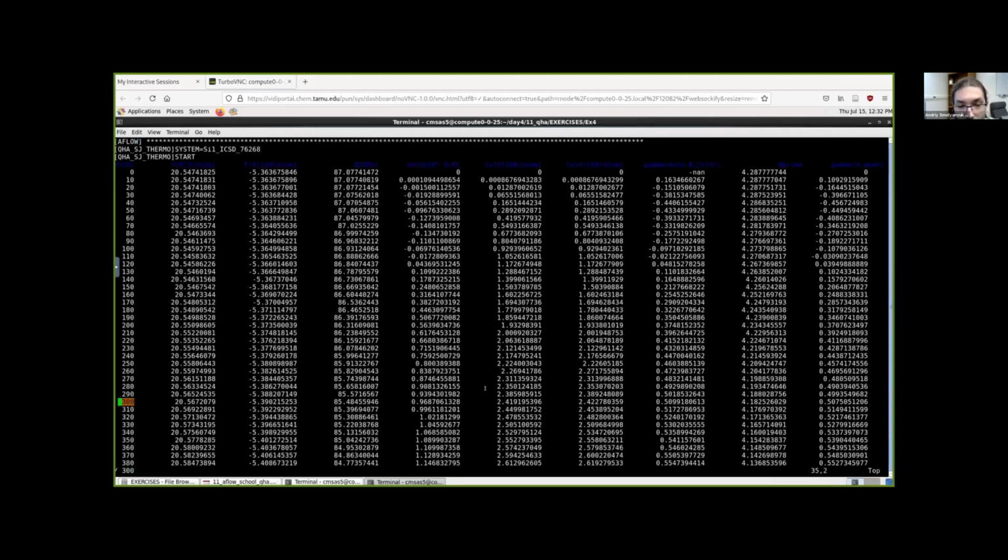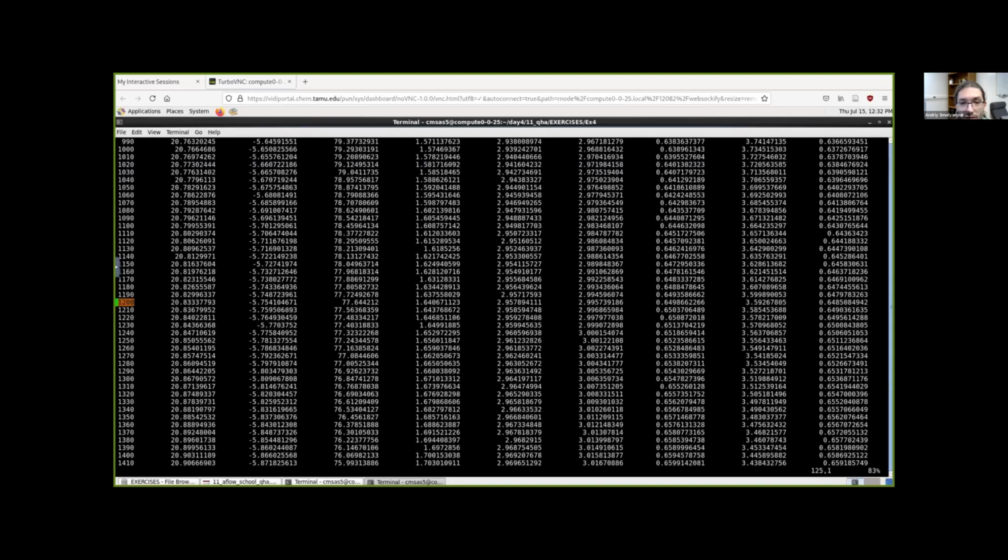And for 300K, it's about 0.97 times 10 to the -5 power divided by K. And for heat capacity at 1200K, it will be the 6th column and around 2.96, which is close to the limit of 3 Boltzmann constants per atom. And that should be it with the exercise.